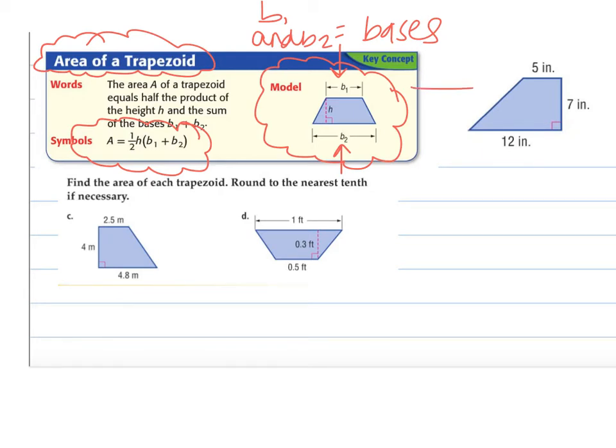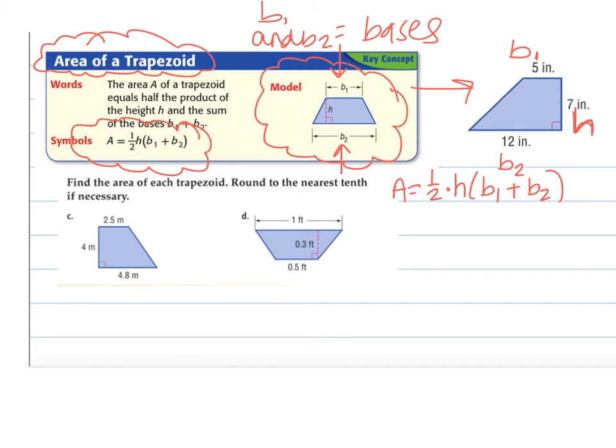So if we look at this one right here, 7 is our height. Oops, that's supposed to be an H. 12, and it doesn't necessarily matter which base is which, but we could say 5 is base 1 and 12 is base 2. So if we look at our formula, I'm going to rewrite it. A equals 1/2 times the height, and then in parentheses is B1 plus B2.